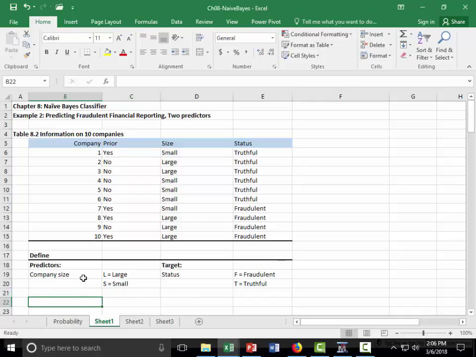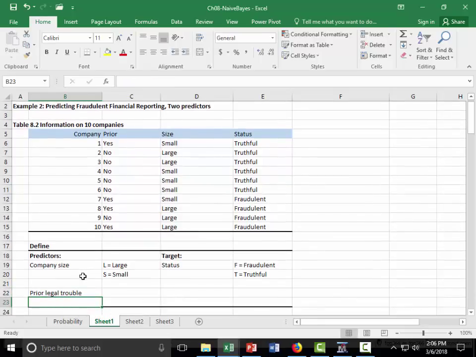And the second predictor is prior legal trouble, whether the company has had a history of making false statements.